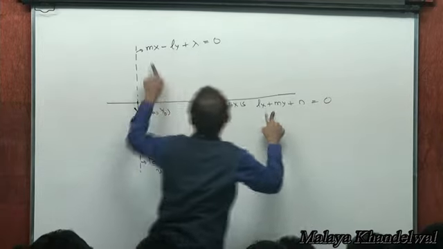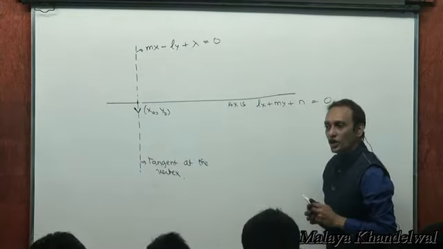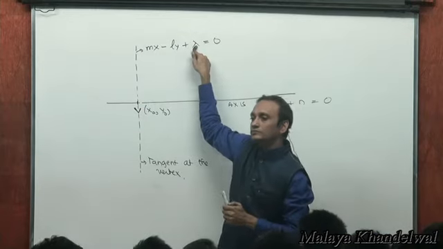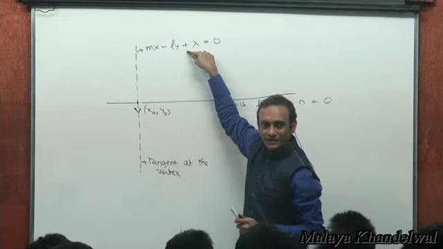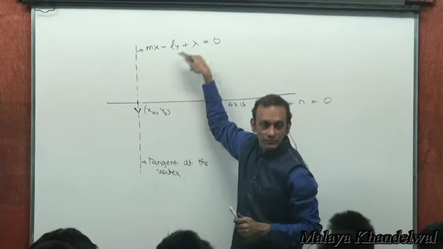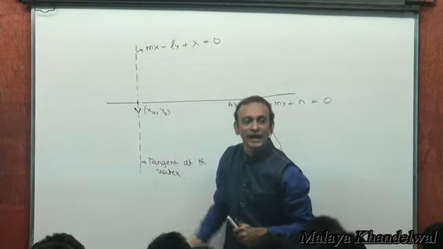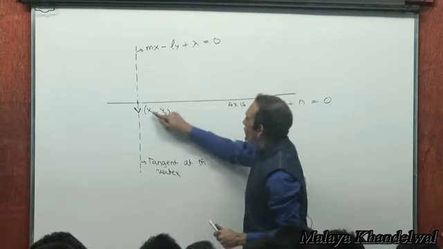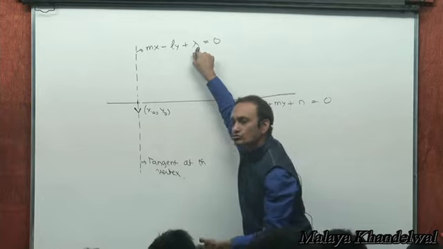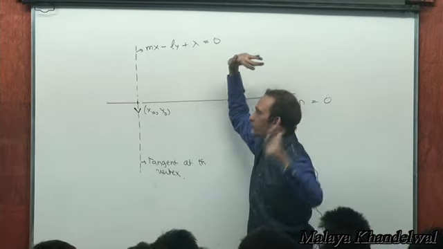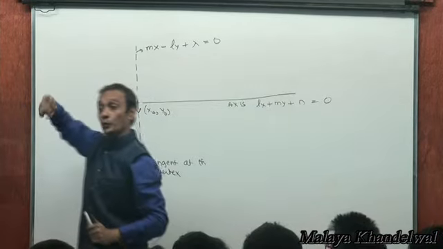Any line perpendicular to this line must be of this form. And how do you find lambda? x0, y0, the vertex, will lie on the tangent at the vertex, so x0, y0 satisfies this equation, and that will give you lambda. So lambda is known to us, right? So this is the tangent drawn at the vertex.